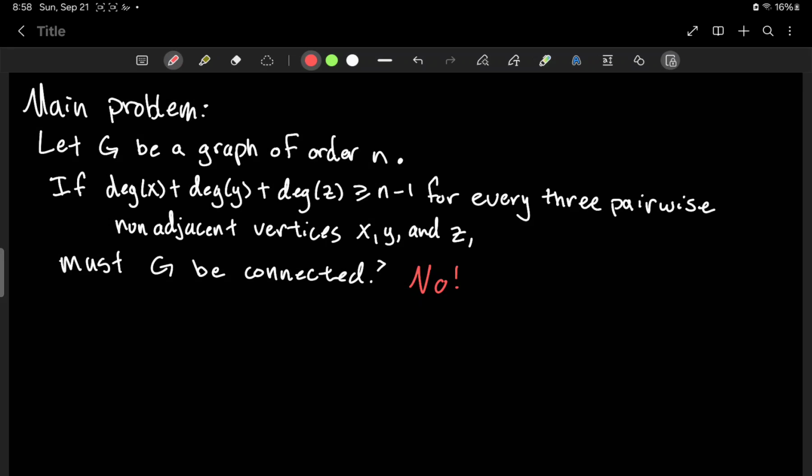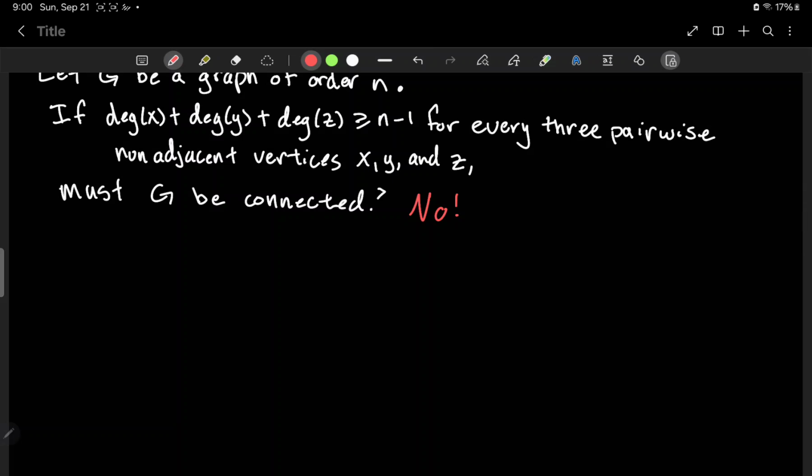I started off thinking about this problem, and I believed I needed some sort of complete graph, and we denote the complete graph with n vertices as Kn. So I was thinking, what if I joined three Kn's together? Then to pick three pairwise non-adjacent vertices, I need one from each of these Kn's, because within each one, all the vertices are connected to each other.